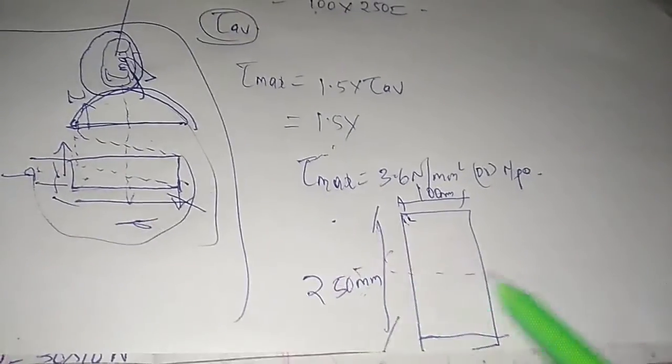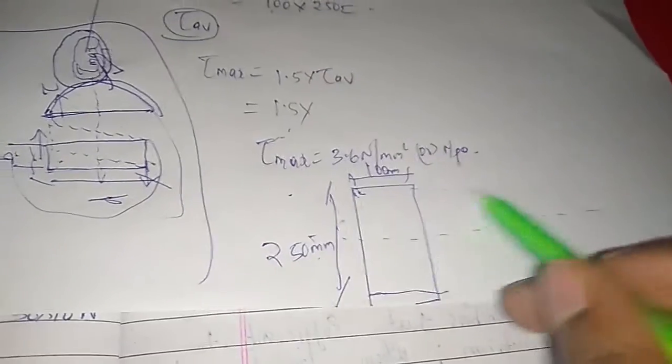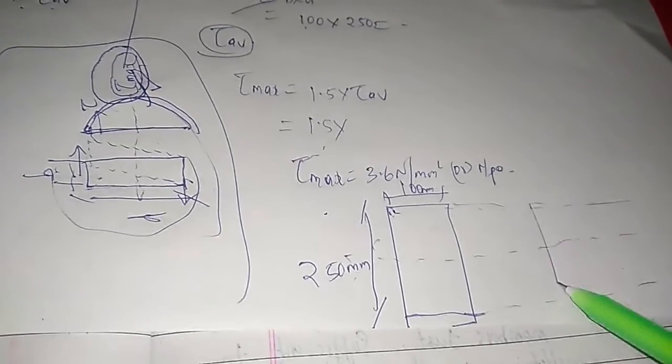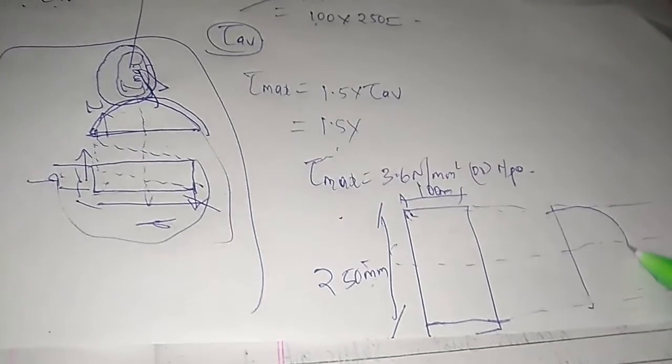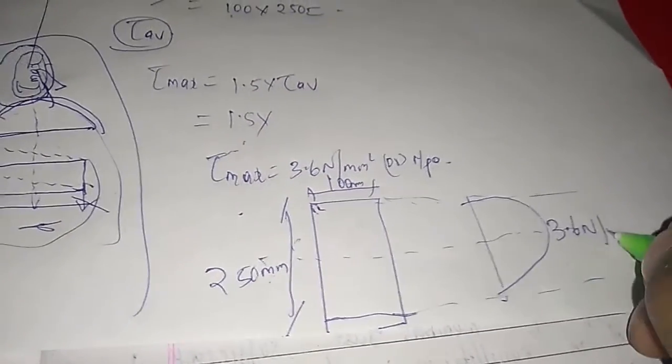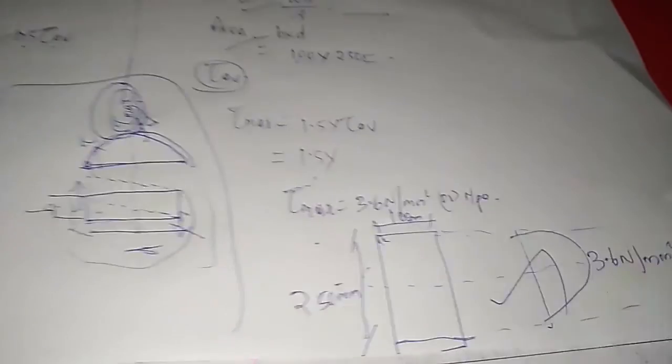After that, this is your neutral axis. So here one line will go. So draw the shear stress variation. This is your variation diagram. So what is the maximum shear stress? That is 3.6 Newton per mm square. So this is your variation diagram.